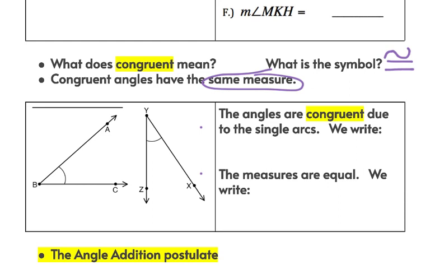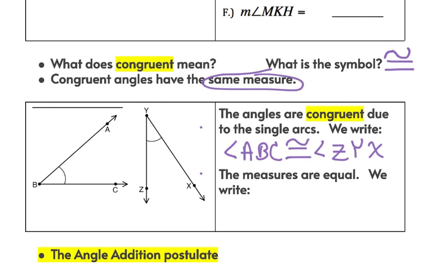So we would say angle A, vertex in the middle, B, C, is congruent to angle Z, vertex in the middle, Y, X. Z, Y, X. What that means is their measures are equal.